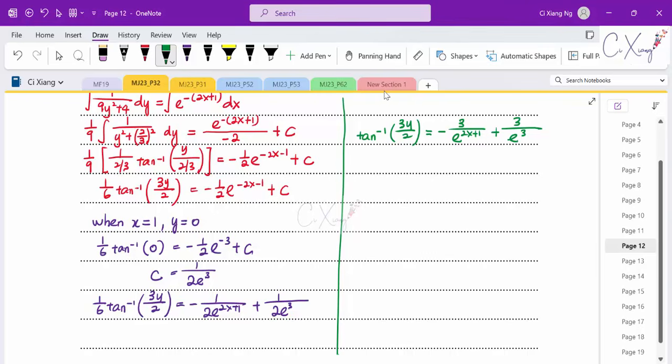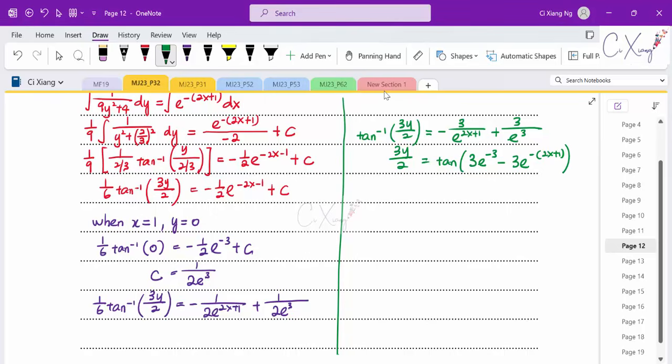Okay, then what else can I do here? Alright, so next step, I want to bring the tangent inverse over. So tangent inverse over becomes tangent. Maybe for me, I will want to put the positive in front. So I put the 3 over e power 3 in front. It will become 3e power negative 3, then minus 3e power negative 2x plus 1.